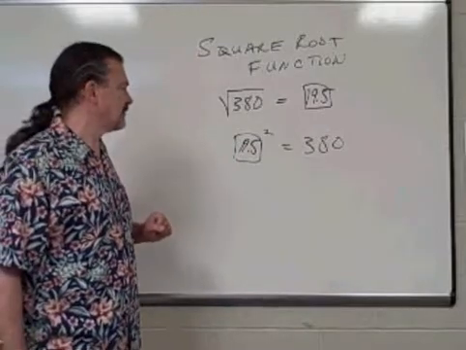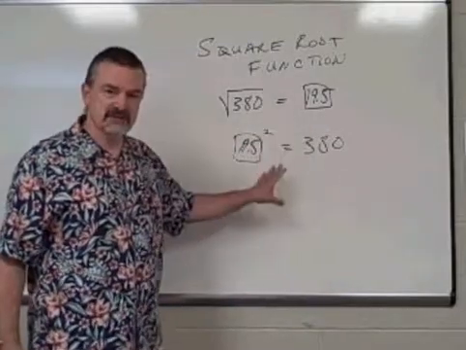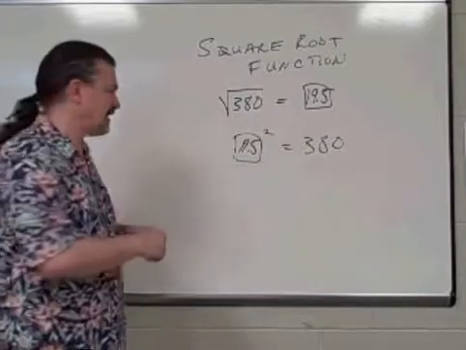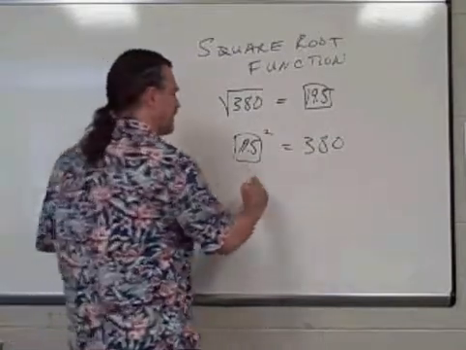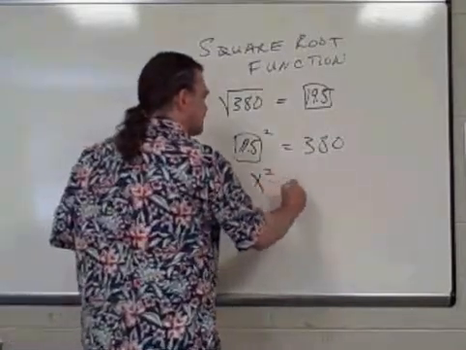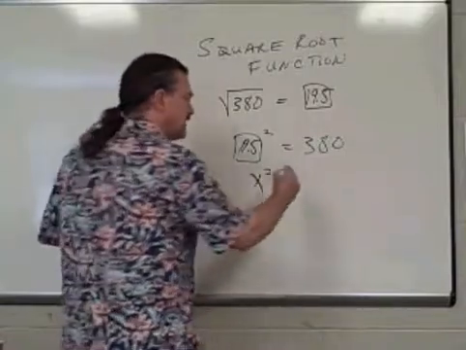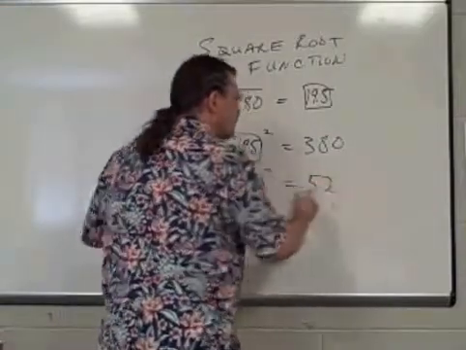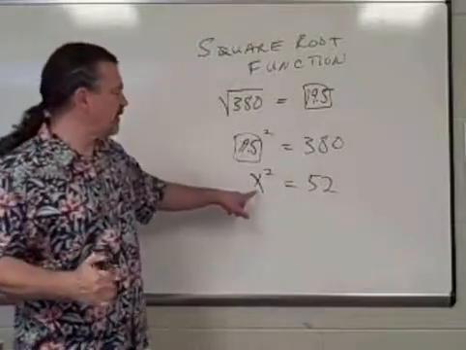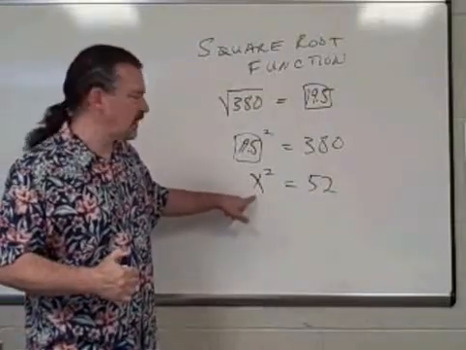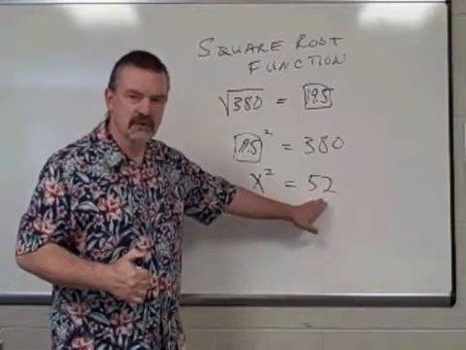Now, this is very significant because there are sometimes when we encounter an equation that says x squared equals 52. And we want to know, well, what number could we square that would give us 52?